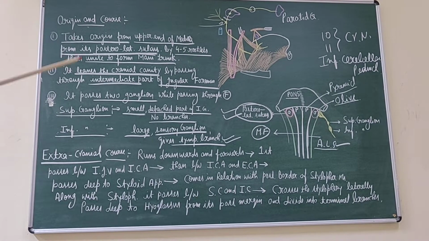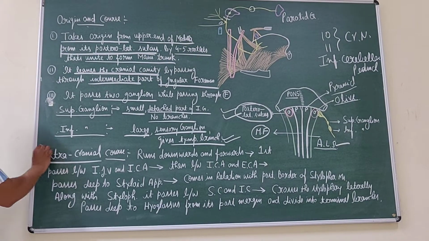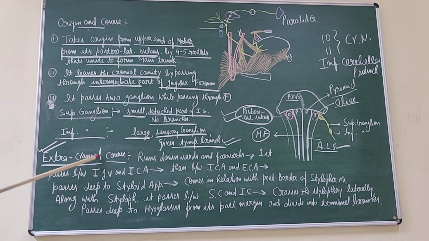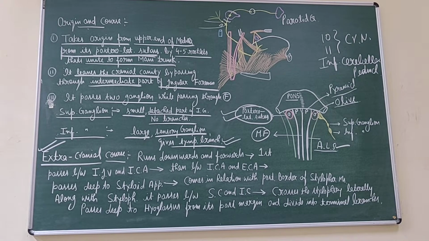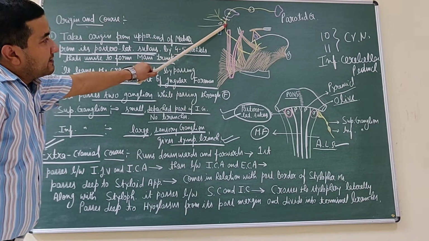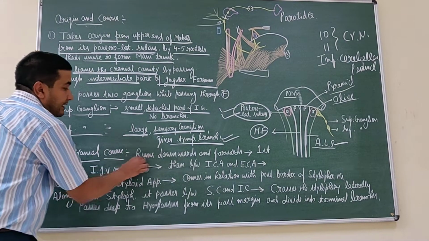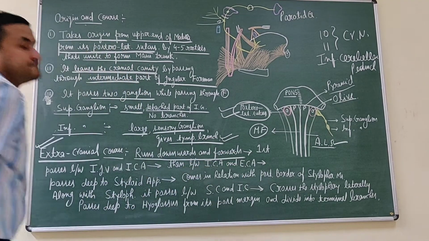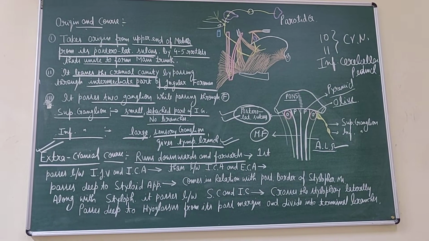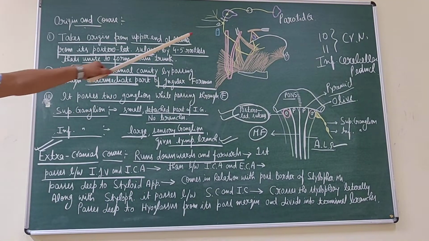Now, after coming out from the jugular foramen, it has the extracranial course. See this diagram. This is the foramen. This nerve comes out from the jugular foramen. It runs downwards and forwards, and first passes between the internal jugular vein and the internal carotid artery.